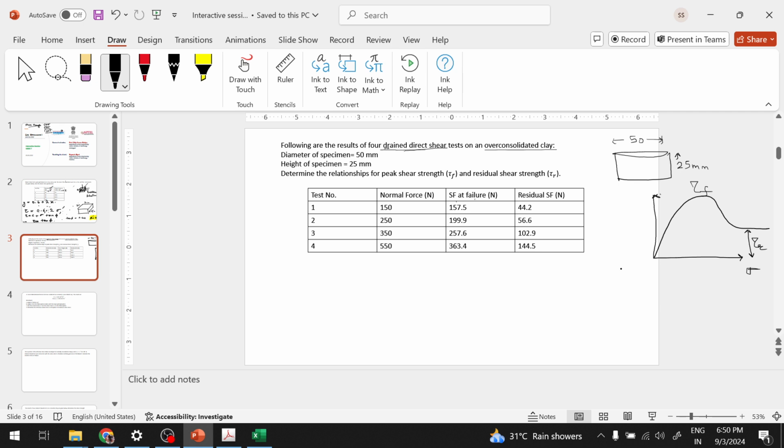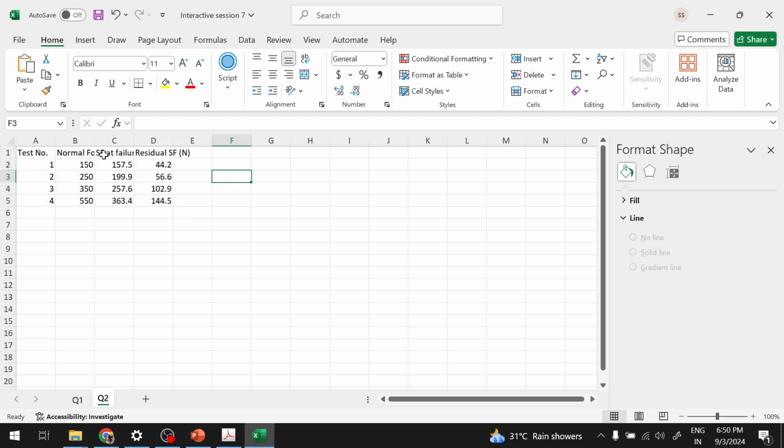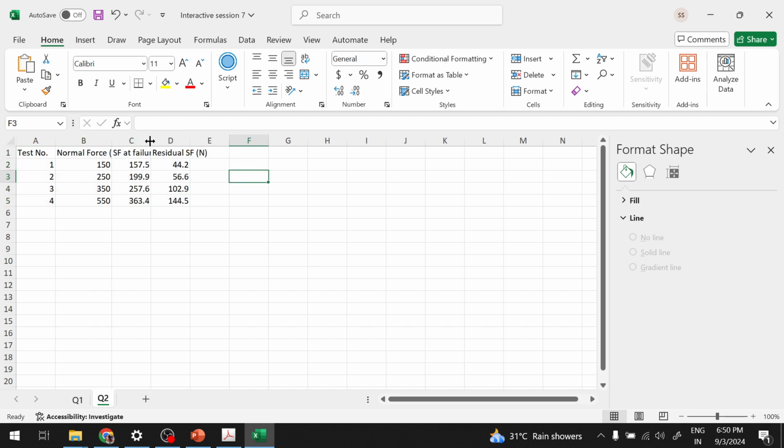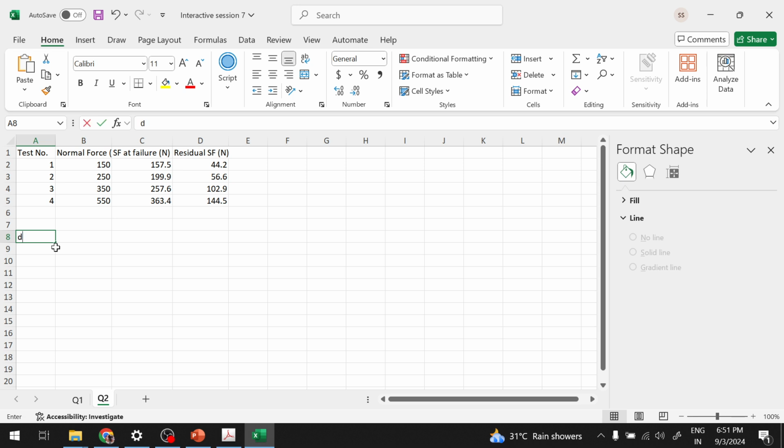Okay, so now let's go back to our Excel sheet. This is question number 2. We have been given normal force, shear force, and residual shear force. Diameter has been given 50 mm, height has been given 25 mm.